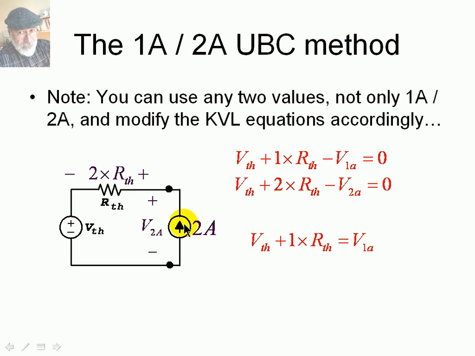We connect a 2 amp current source to the port of the actual circuit, solve for V2A, and then we move that V2A to the other side, and we have a set of 2 equations and 2 unknowns, Vth and Rth. V1A and V2A are known quantities. We obtain them from the solution of the network with the 1 amp and the 2 amp current sources.